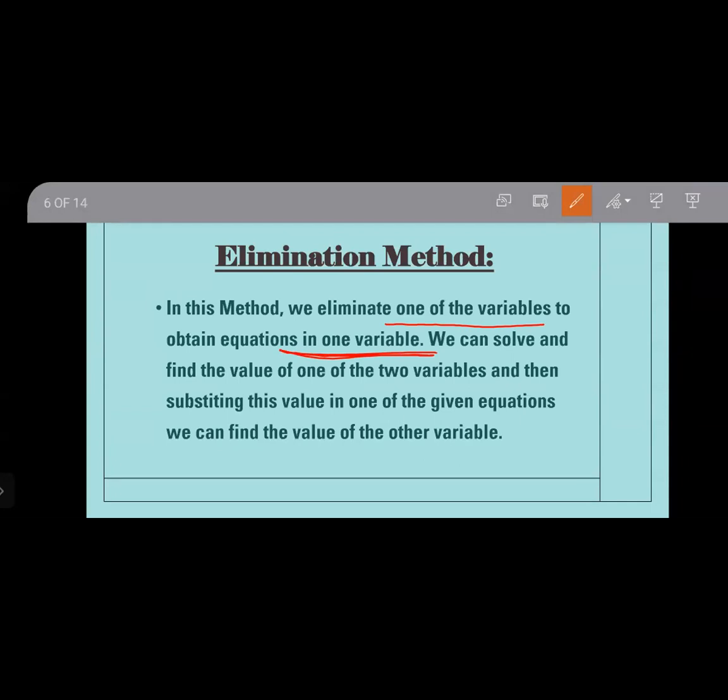That's why, students, in the first class, I have taken the example based on linear equations in one variable. We can solve and find the value of one of the two variables, and then substitute this value in one of the given equations. We can find the value of the other variable.